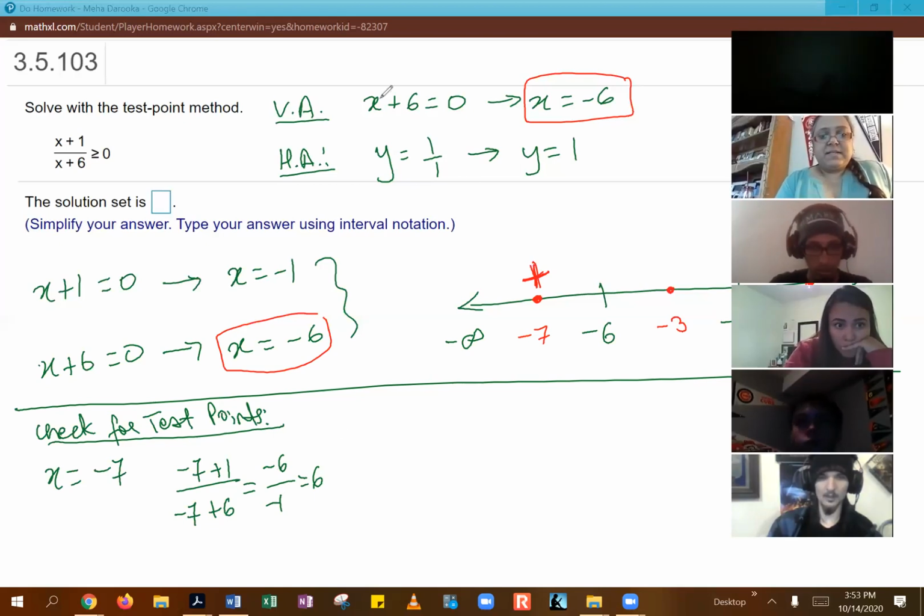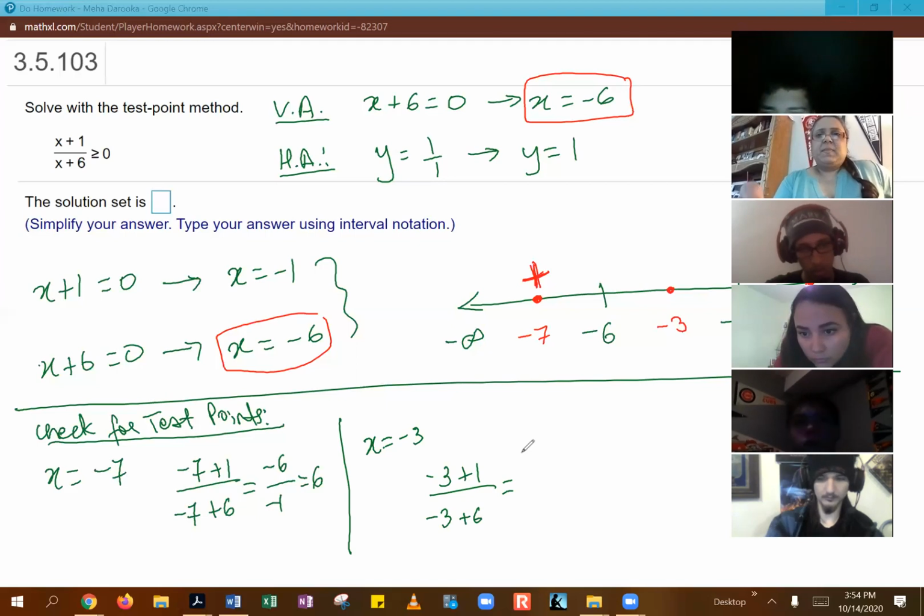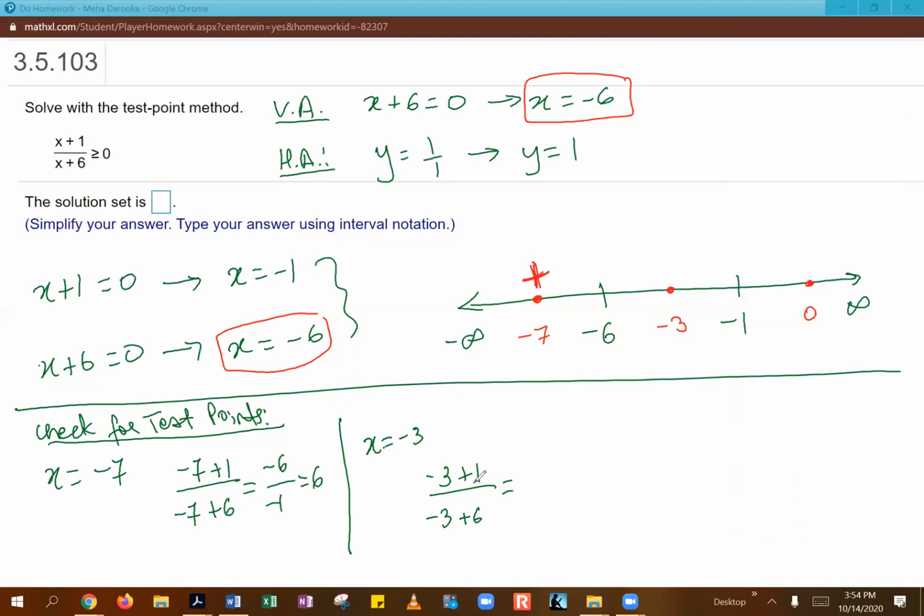Obviously, repeat the process with the other number. So now our next test point was -3. So let's see, that would be (-3 plus 1) divided by (-3 plus 6). And what does this end up giving us? -1/2.